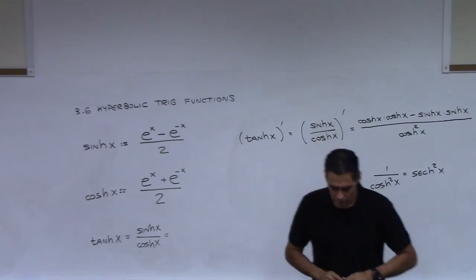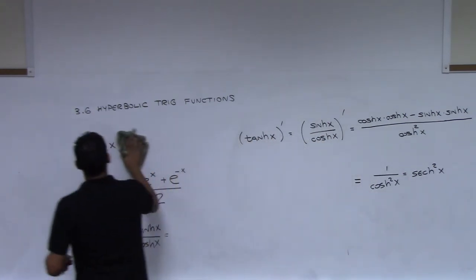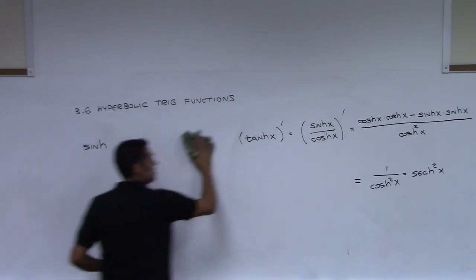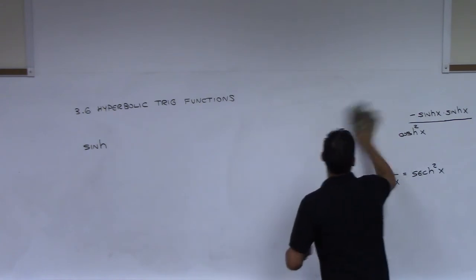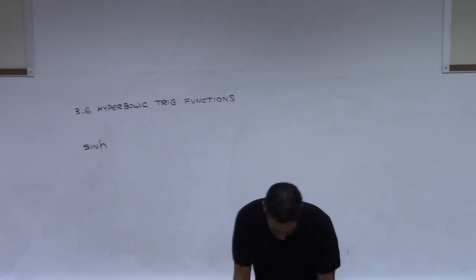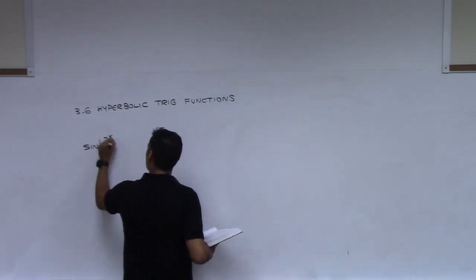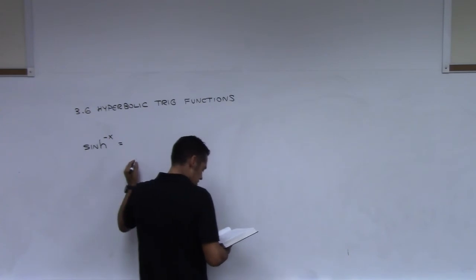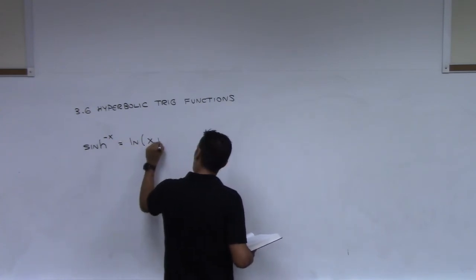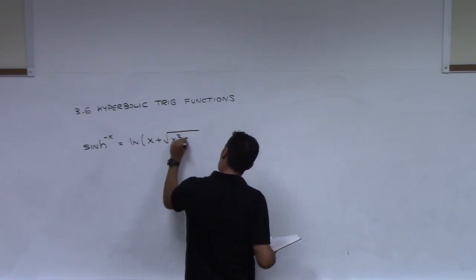Okay. So let me define now the inverse hyperbolic sine function for you. And like I said, this is the only one I'm going to show you, and then we'll talk about its derivative. So sine hyperbolic inverse of x is equal to, check this out, natural log of x plus square root of x squared plus 1.